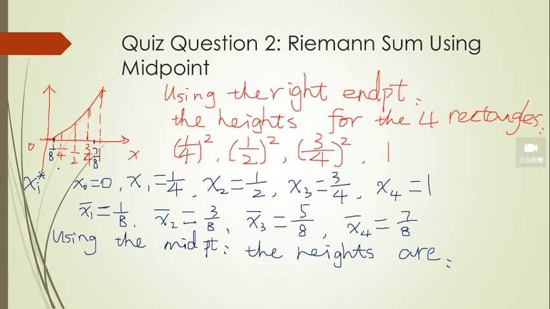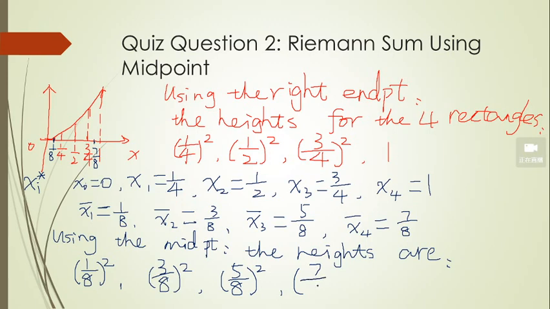The first rectangle's height will be the function value evaluated at x1 bar. The second rectangle's height will be f evaluated at x2 bar. And then the third rectangle, x3 bar, and then the fourth one.